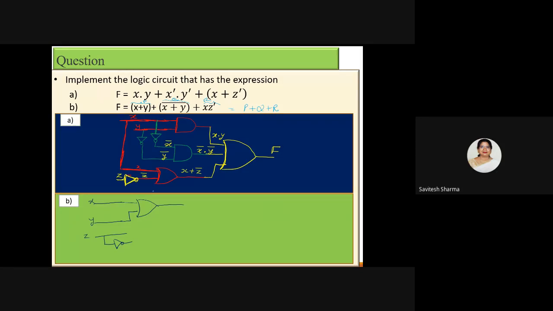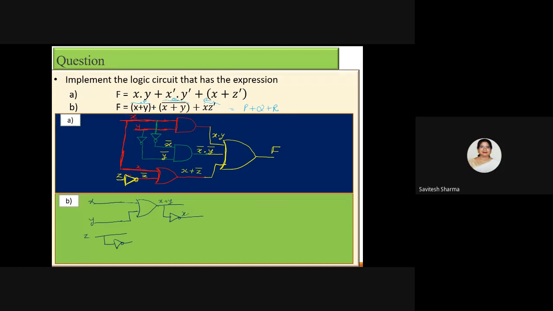But what should my practice be as a good engineer? My practice should be to draw a circuit so that minimum hardware is used. I saw that this x + y expression is already implemented, so I will not draw another NOR gate. x + y is already there and I need (x + y) bar, so I will complement this signal.